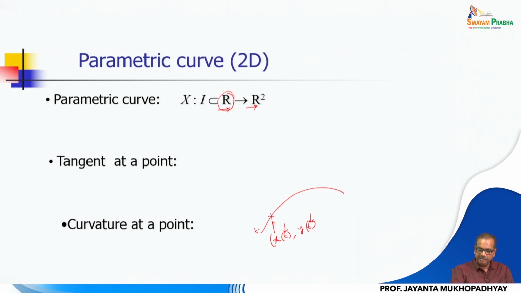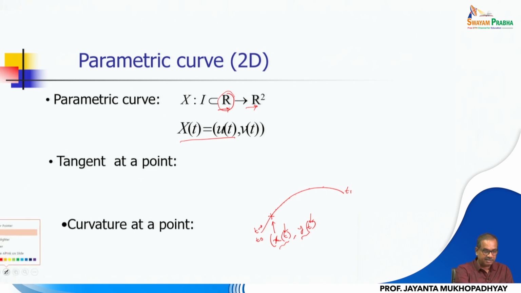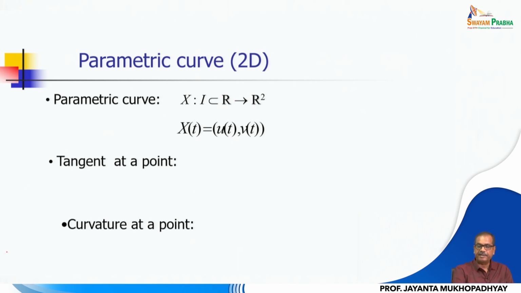As we vary t between, say, t0 and t1, these values will vary, and the sequence of coordinates will define the curve. In this case, our representation is u(t) and v(t) instead of x(t) and y(t), as we have shown. So this is a parametric curve.